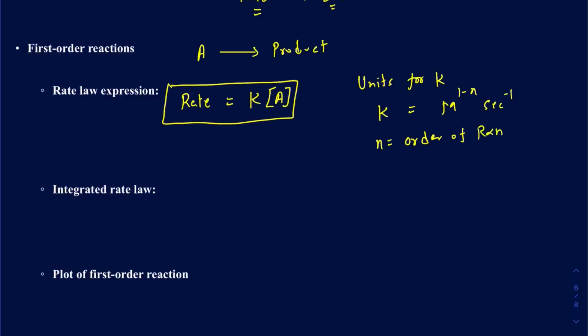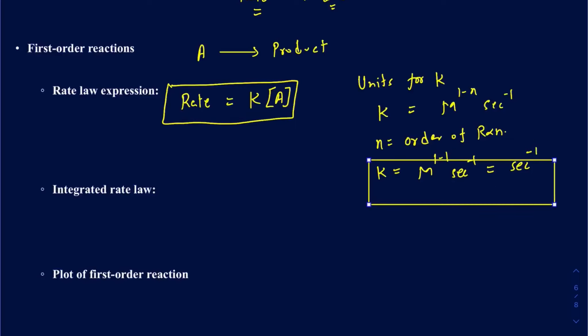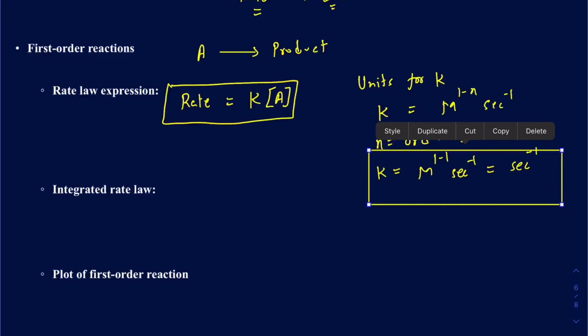So if in this particular case your order of the reaction is first order, then I'll go ahead and plug it in: 1 minus 1, second inverse. So 1 minus 1 is going to be 0. So the units for the first order rate constant is going to be second inverse. So make sure you're able to calculate that. Sometimes you may not have enough information about the order of the reaction, but based on the units, sometimes you can figure out which particular order we're talking about.